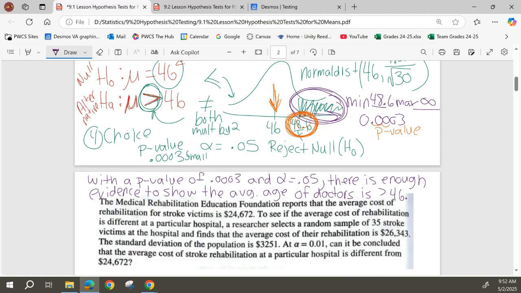And we can write this explanation the same way every time. State the p-value and alpha value. State whether there is or is not enough evidence. So there is enough evidence if we reject. There is not enough evidence if we fail to reject. And then we want to say, well, evidence of what? The average age of doctors being greater than 46. So we do have that evidence.